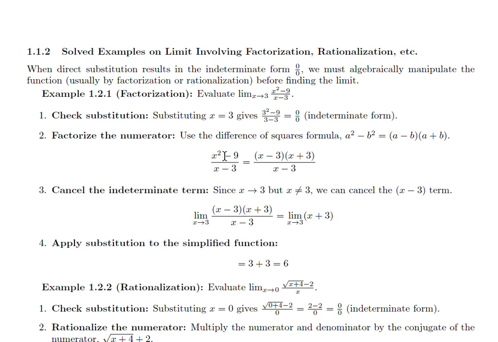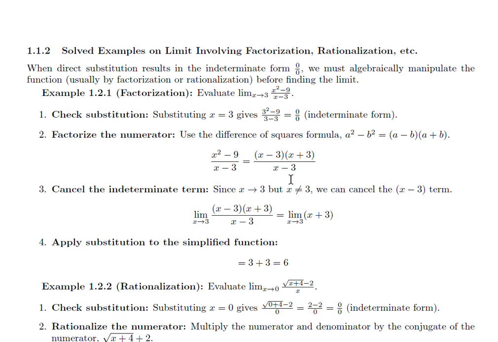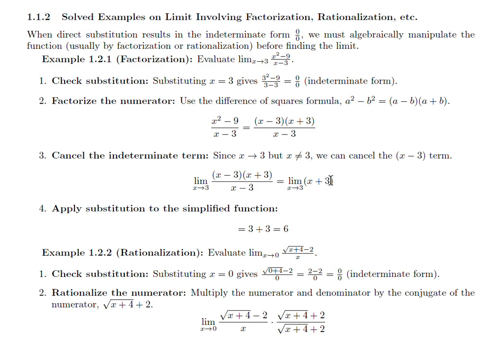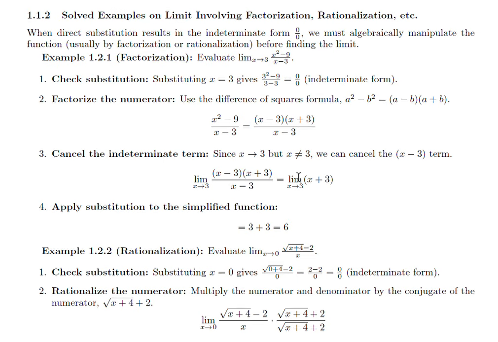That is, for x squared minus 9, we have x minus 3 times x plus 3, and our denominator remains the same, x minus 3. So x minus 3 can cancel out x minus 3, and we'll be left with x plus 3. So you can see we've been able to represent that function by the help of factorization.